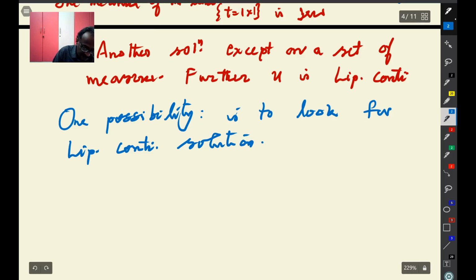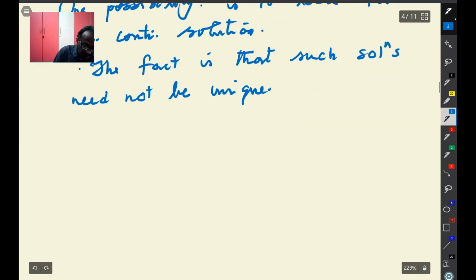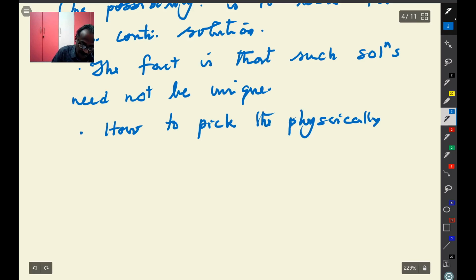The fact is that such solutions need not be unique. So the problem is how to pick the physically relevant solution.